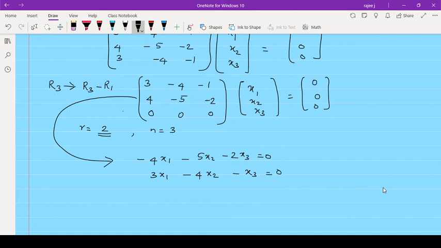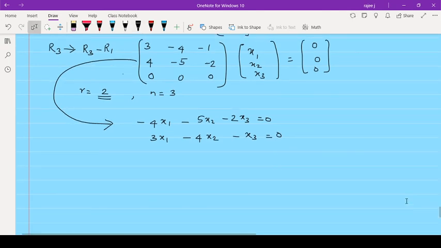Again you can reduce these numbers to smaller numbers, but it's of no use. Again and again we can go on simplifying, it's of no use. Now I want to get the value of x1, x2, x3. So suitably anything you give as t.